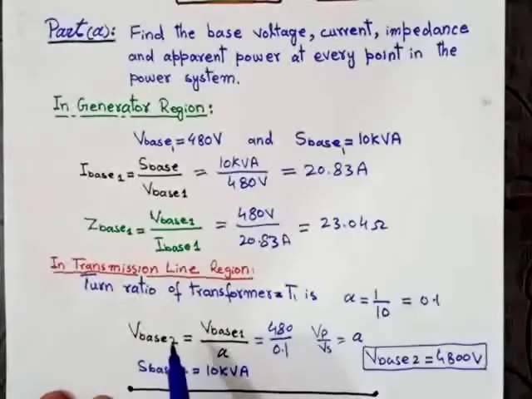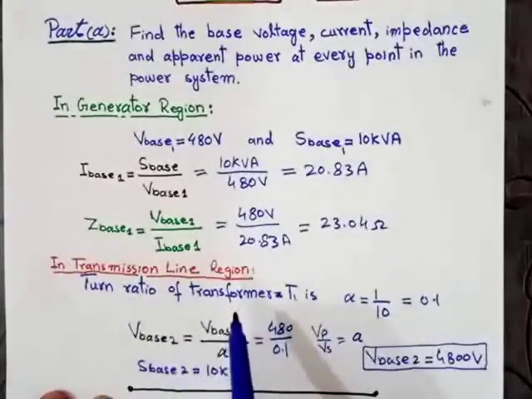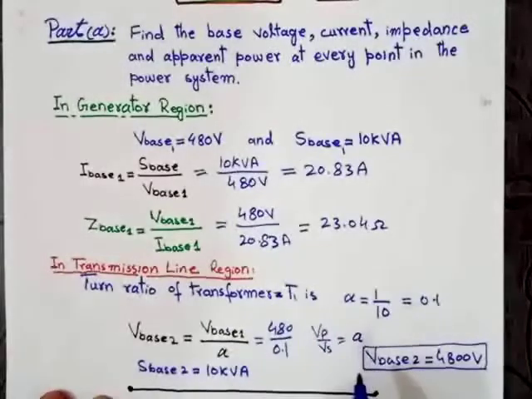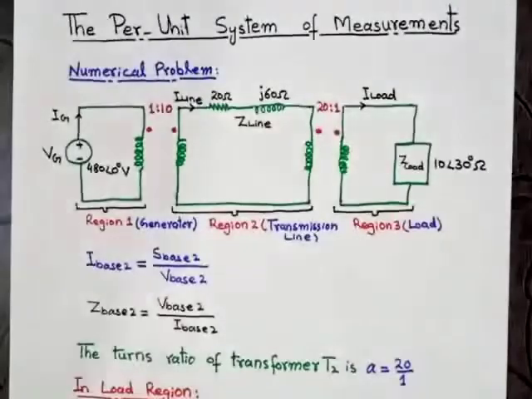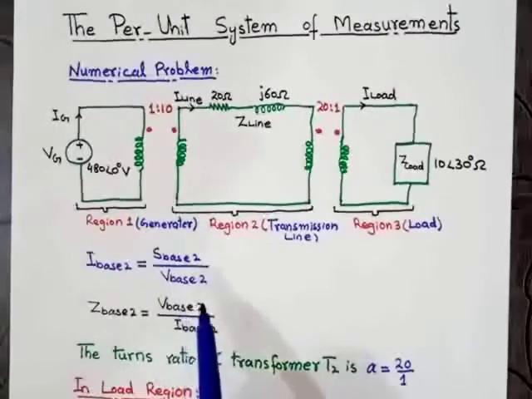So in the transmission region, we name these V base 2 and S base 2. By using these two values, now we will determine the remaining base values in the transmission line region. The remaining base values are the current base value and the impedance base value. So I base 2 is equal to S base 2 over V base 2.